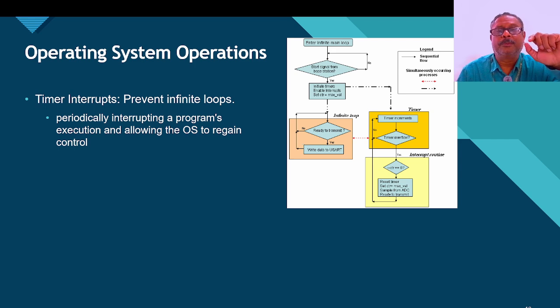But even after this interval of time, if the loop does not complete, that means it might have gone into an infinite loop. To stop this, the timer has a counter, and it keeps counting the time, and when the time is up, it interrupts the process and gets back to the operating system and says this process was running, it ran out of time, and hence it was interrupted.